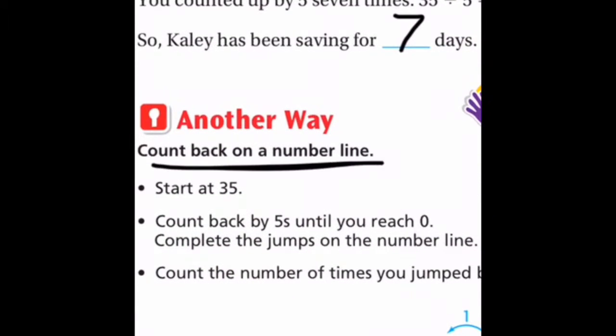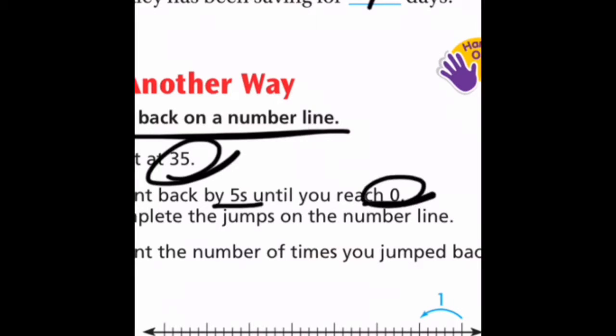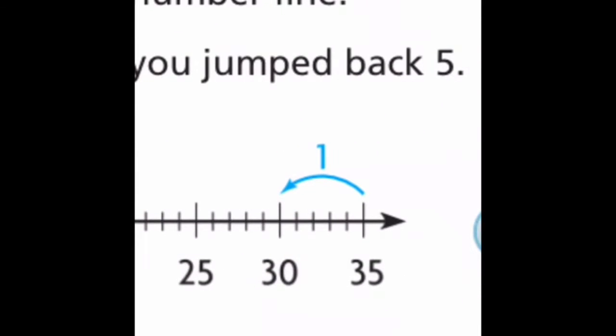Another way is to count back on a number line. So since we're counting backwards, we start at 35, we count back by 5s until we reach 0, and see what we end up with. So 35, count back 1, 2, 3, 4, 5. That's why they drew the jump there and numbered it 1. Count back 5 more, 1, 2, 3, 4, 5. Right here, that's twice.